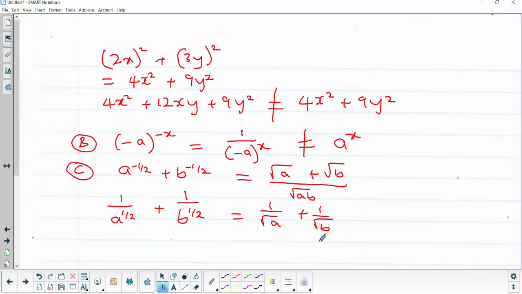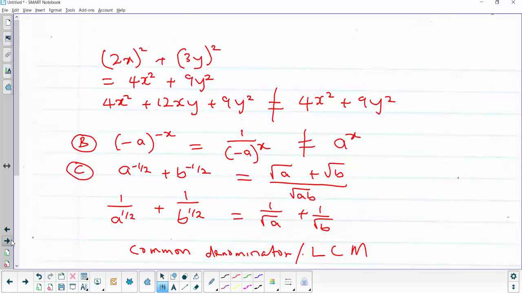Now we can evaluate this. We find the common denominator, or you can also call it the LCM. The common denominator here is the square root of ab.